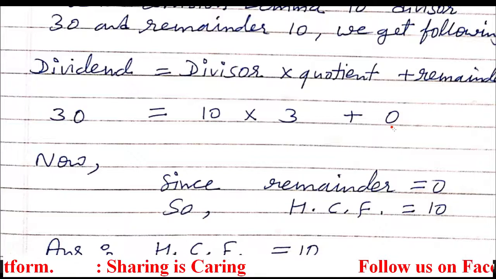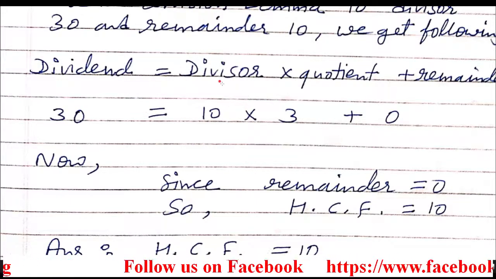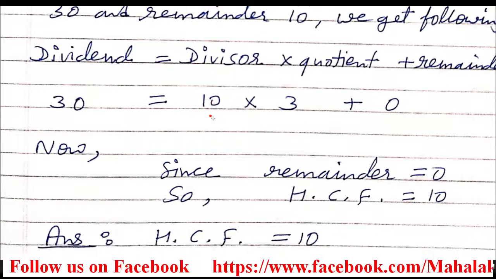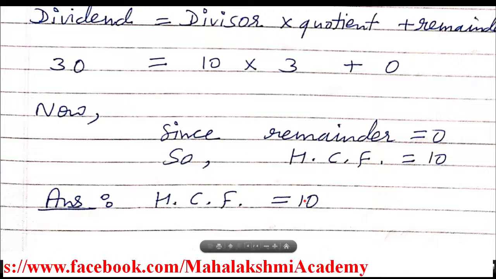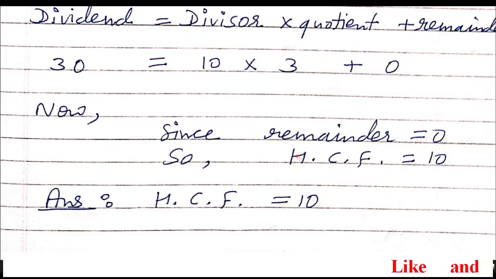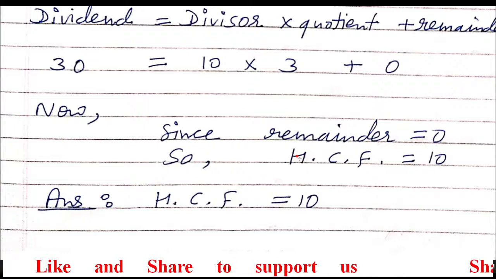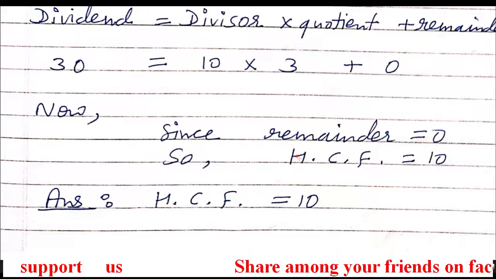Now since remainder is 0, the divisor when we got this remainder is 10. That's why the HCF is 10. So highest common factor is 10. So students, in this the rough work is not necessary, but if you do the rough work, in the beginning you know what your HCF is going to be and how many steps you are going to have, and according to each step you just write down step 1, step 2, step 3 respectively.